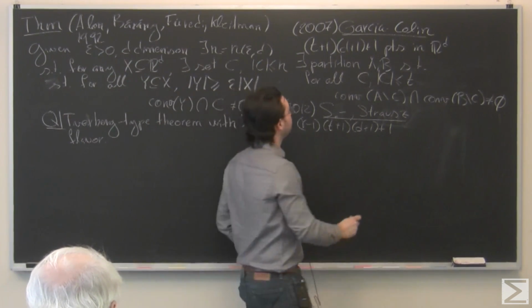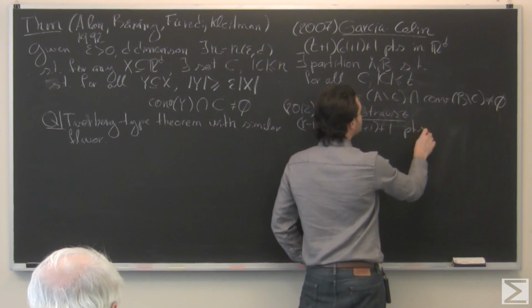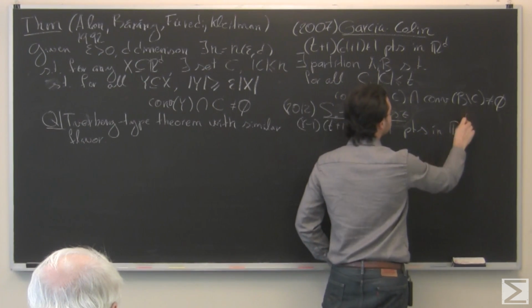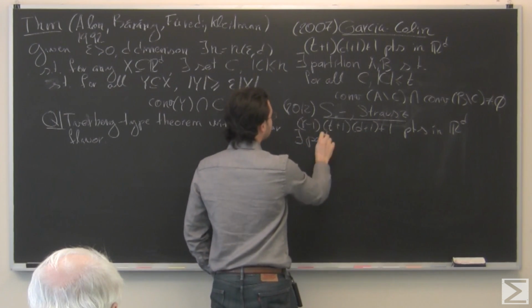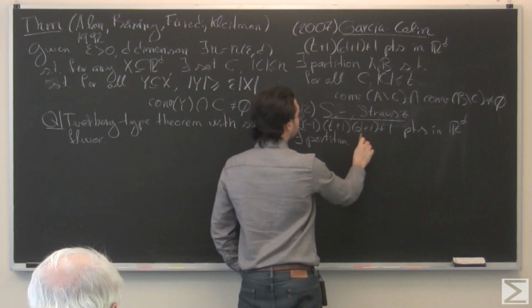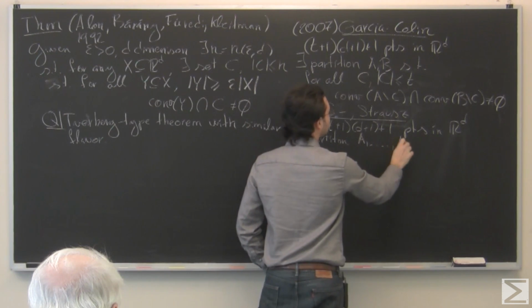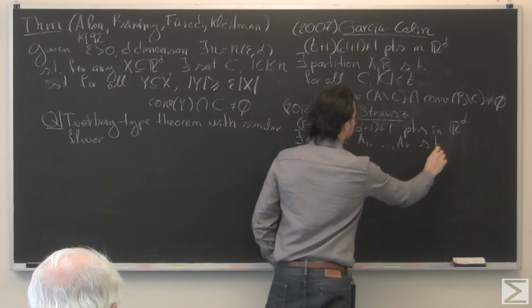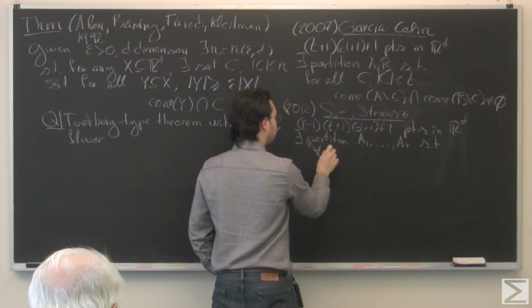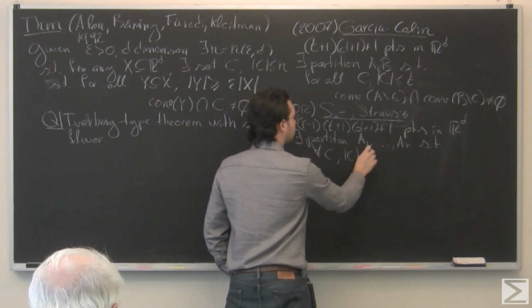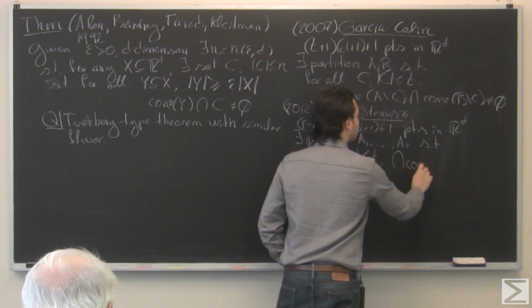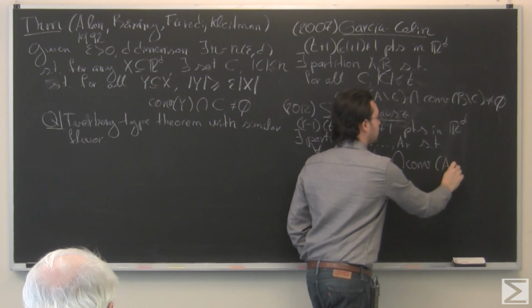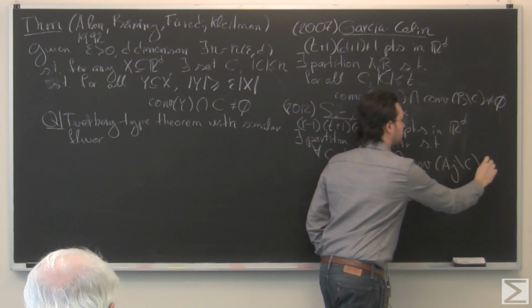And then with this many points in R^d, there is a partition A1 up to Ar, such that for every set C of at most t points, the intersection of the convex hull of Aj minus C is nonempty.